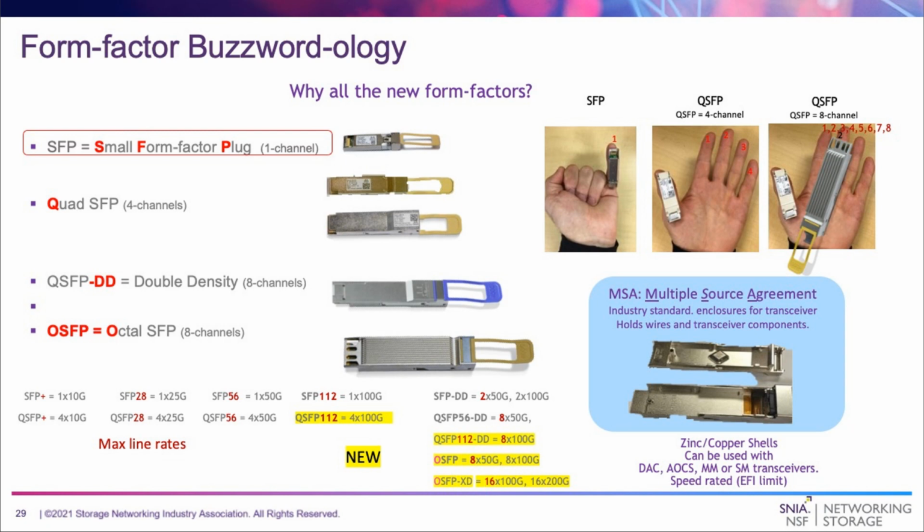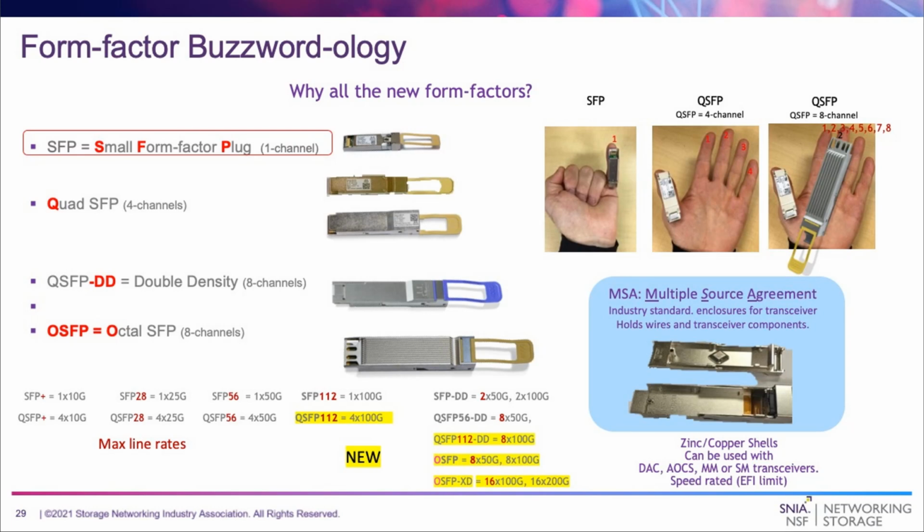Then we put 2 rows of electrical pins on the end. It's called a double density. And that's used for 400 gig and soon 800 gigabit Ethernet. And then there's a competing version, which is the OSFP or Octal SFP, which has 8 channels. And you can see by the size of it, it's about the size of a small banana.